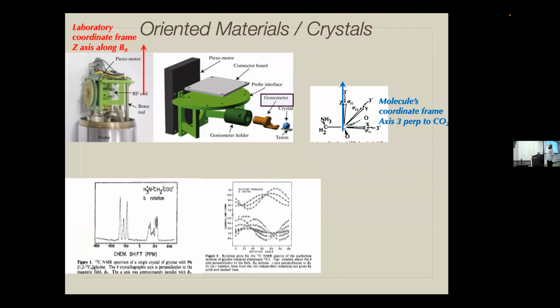Okay, and we need two coordinate systems again. We need one for the molecule, and we're interested in axis number 3 here. This is the molecule, has numbered axes. And we also have a laboratory coordinate frame, and we're interested in the z-axis, which is along B0. Okay, these are two different coordinate systems.